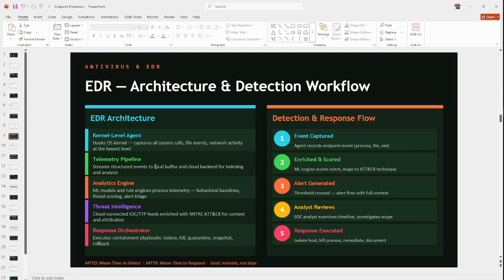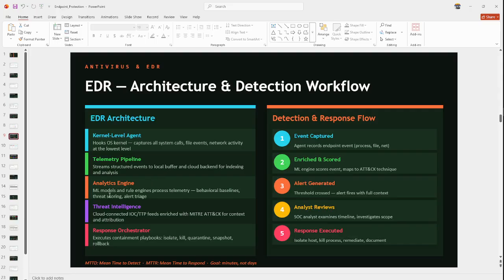Okay, so you have a telemetry pipeline. It will be checking with the cloud backend. If something is happening, it will directly alert, and you will get a response that something is happening inside that particular desktop or laptop.